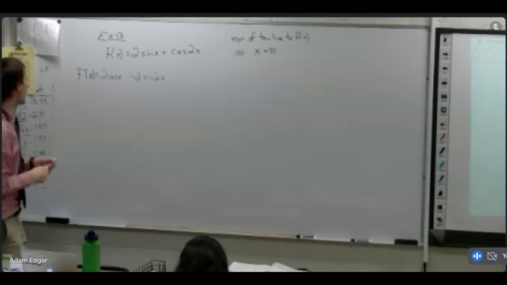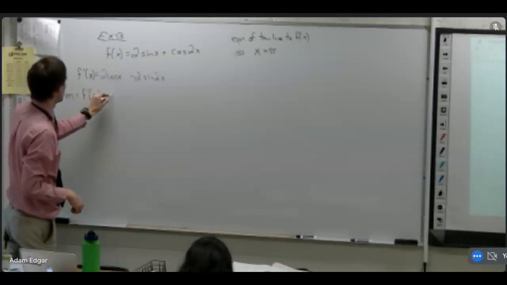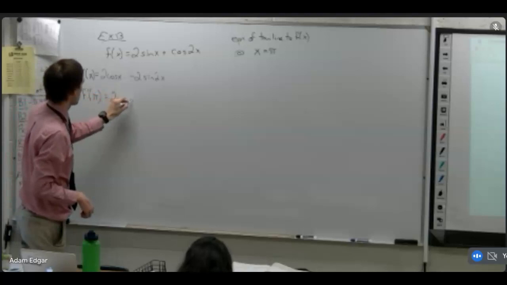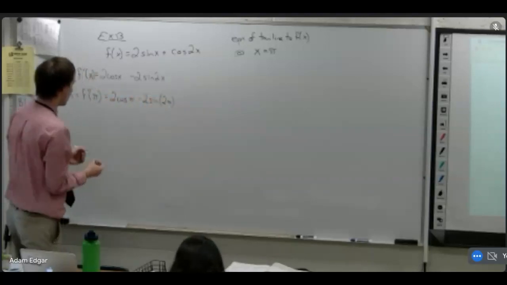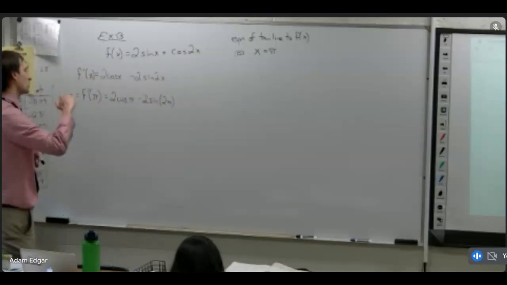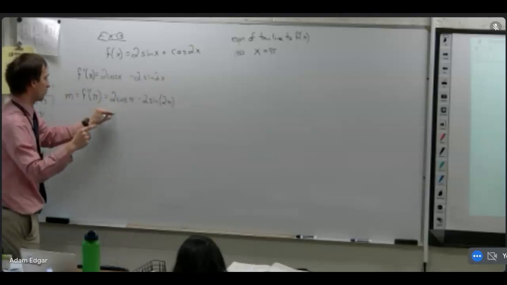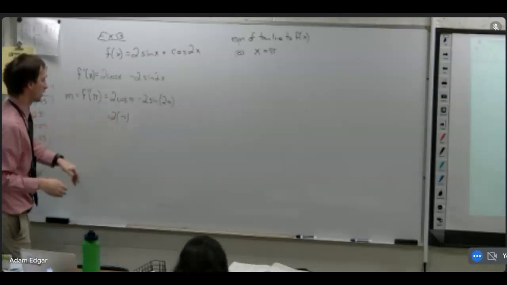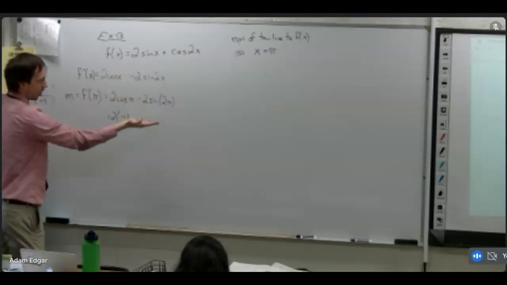So we say the slope m equals the derivative at pi. So we got to know what's cosine of pi, and we got to know what's sine of 2 pi. So, unit circle time. What's cosine of pi? It's negative 1. So pi is halfway around your unit circle. When you're on the x-axis of your unit circle, cosine is 1 or negative 1.